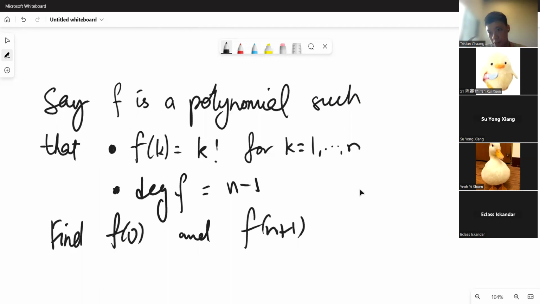This is where you cannot let the problem deceive you, because f(k) is k factorial for so many integers, it doesn't mean it will be true for all integers. So f(1) equals 1 factorial, f(2) equals 2 factorial, and so on. It doesn't really tell you anything about f(0). So what can we do here? Sorry, degree of f is at most n minus 1.